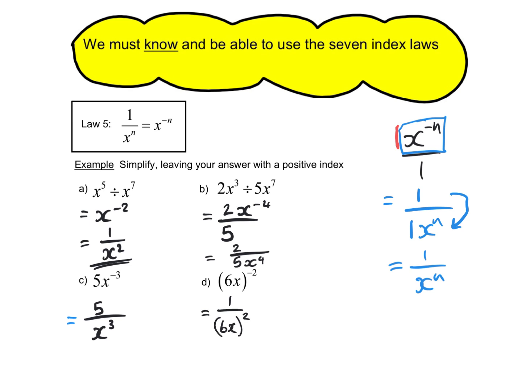We still need to remember we've got a product in here, and this power will act on both parts. So it'll be 6 squared and x squared. So let's finish that one off, and I'll go across the way, which I wouldn't usually do, but just for space. 1 over 6 squared x squared, which is 1 over 36 x squared.